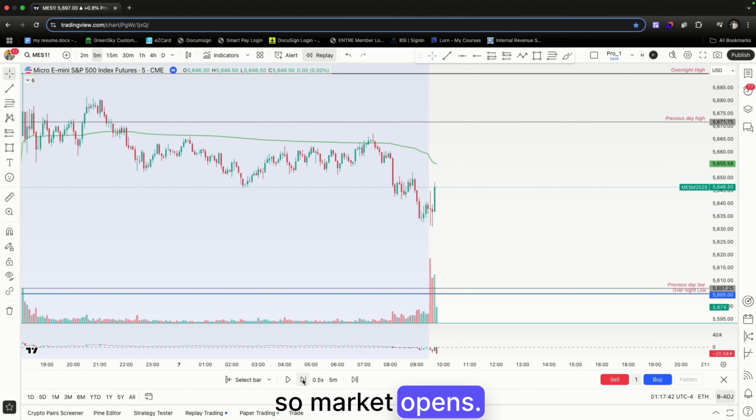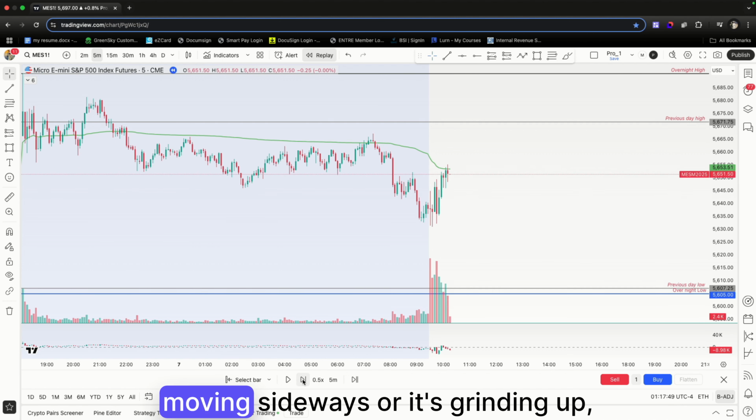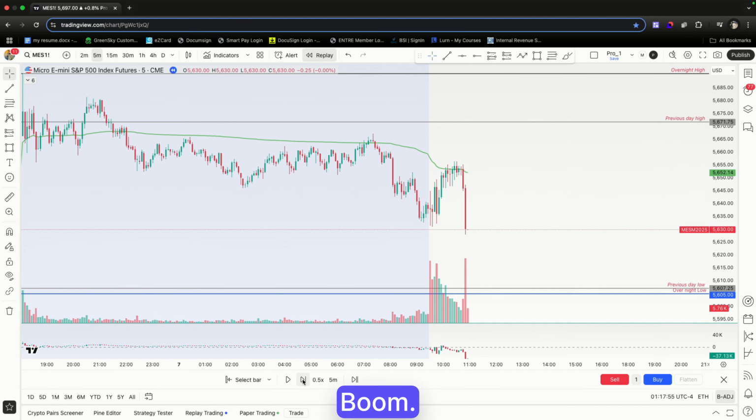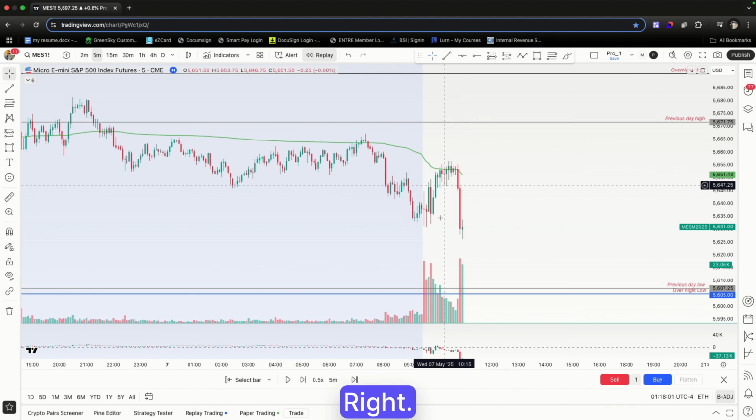Okay, so market opens, price is kind of doing its thing, kind of moving sideways or it's grinding up, I'd say. All right. Okay, boom. So we got the first thing that I want to see when I come to the market, right?